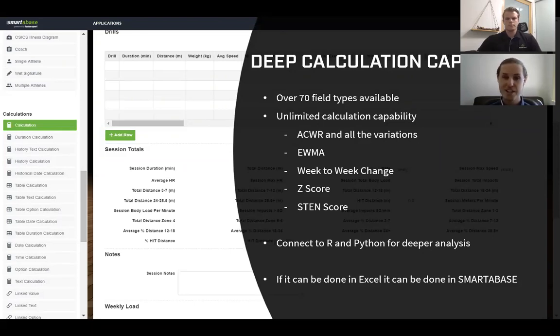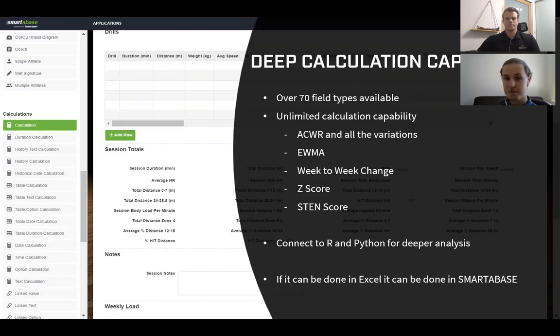All the recent variations, as the researchers showed, from exponentially weighted to uncoupled, whatever that may be, to different windows depending on your sport, your fixture. There's lots of confounding or other covariates when we look at these types of variables. Lots of debate, which is always fun as we get involved in it.